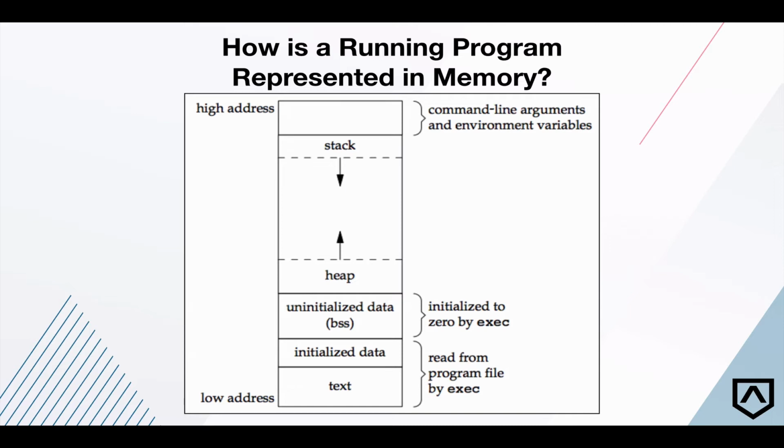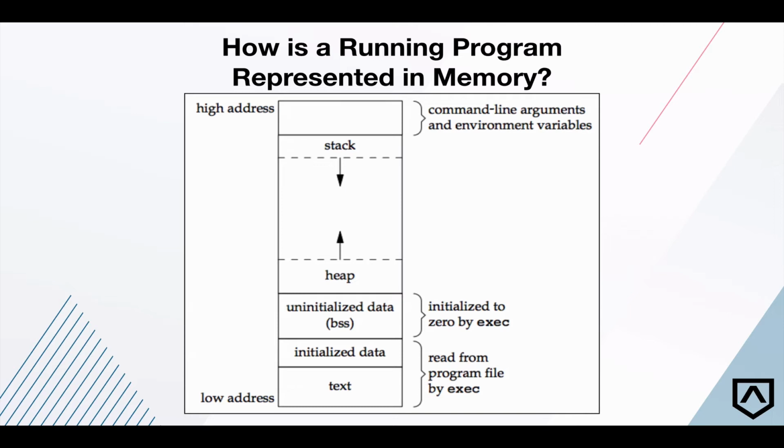And so that longer lived memory is put inside of this heap segment. So again, the rule of thumb is data that is local to a particular scope goes in the stack. Any other data, more longer lived data, or data that persists past scope level, goes inside of the heap. And another rule of thumb is any data you malloc, you know that that's going to go in the heap.